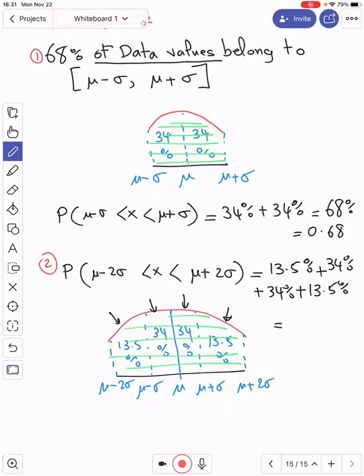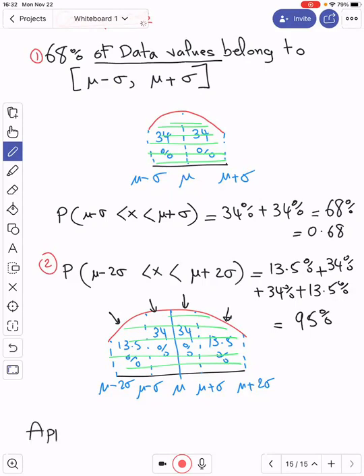So the probability that your variable x is between mu minus 2 sigma and mu plus 2 sigma is 68 plus 27, which is 95%. So what we are saying here is that approximately 95% of your data values belong to the interval mu minus 2 sigma and mu plus 2 sigma.